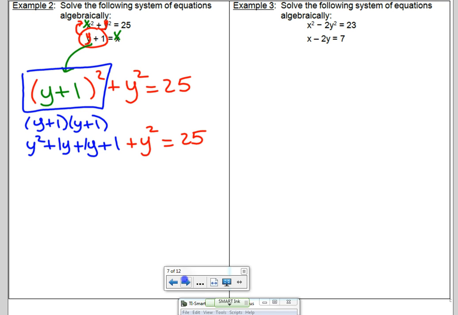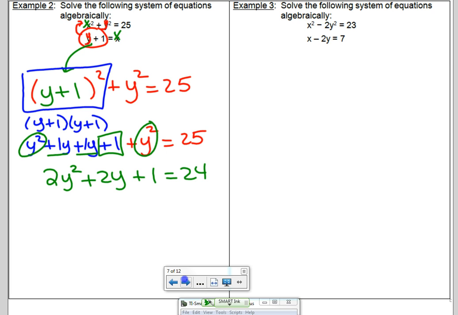Okay, now we're going to add like terms. The y squared and the y squared make 2y squared. We have the 1y and the 1y make 2y. Then we still have this plus 1 number equals 25. Okay, we have a quadratic, so we want to think equals 0. So we're going to subtract the 25 over.